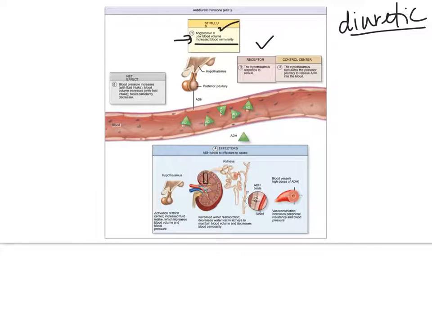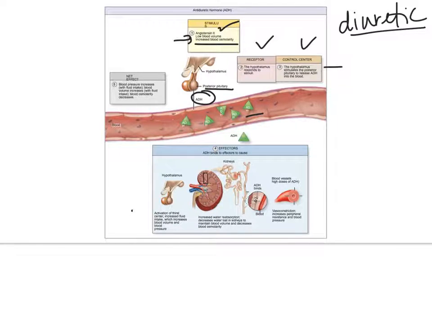The receptor and the control center are the hypothalamus. The hypothalamus talks to the posterior pituitary and tells it to release antidiuretic hormone. Remember, there's only a couple hormones that come from the posterior pituitary. ADH is one of them.